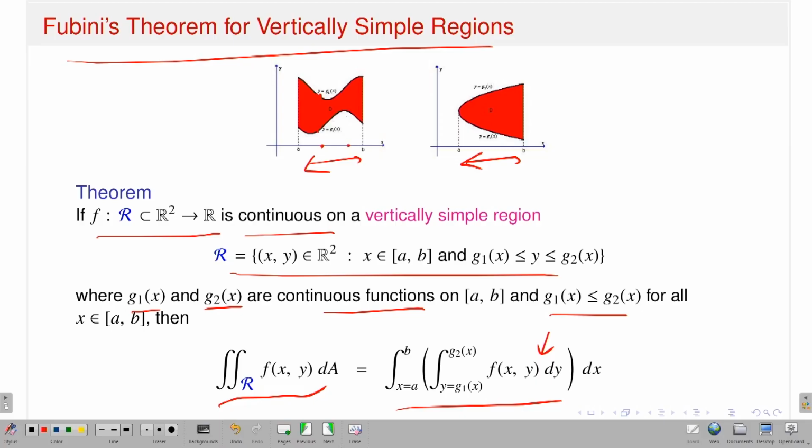So, if I fix x here, y starts from the first point, that is g1(x), the bottom curve, and it ends at g2(x). So, this is the line. So, what will happen, you fix x, and you have to integrate the function with respect to the y variable, but this time y is varying from g1(x).